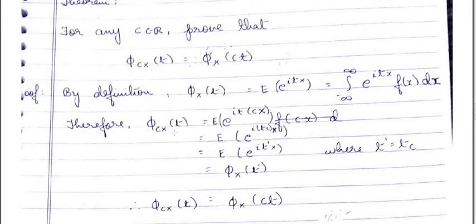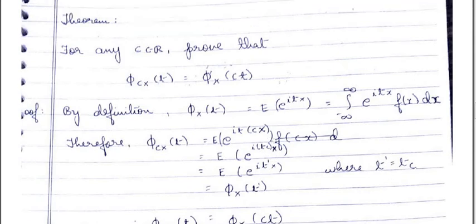That is nothing but the expected value of e raised to it cx. Because for phi of cx at t, in place of x we have cx, so here it will be taken as cx. So it cx, c is a constant and t is real valued, so t dash is equal to tc, a new variable t dash we have assumed. It is not necessary here that we use t as a real number; you can take z as a real number.